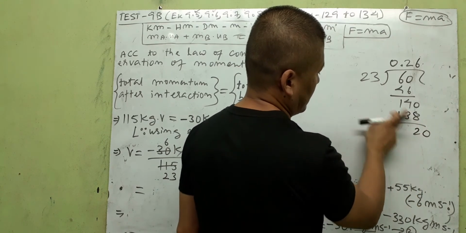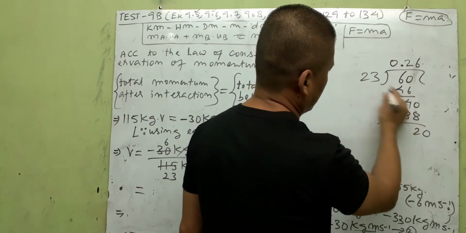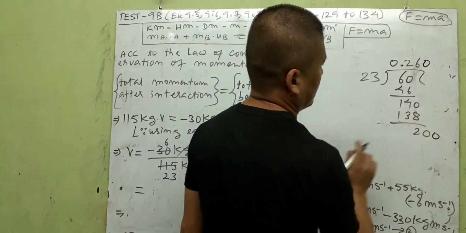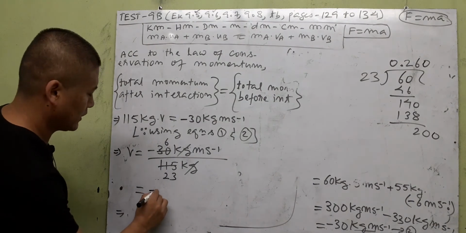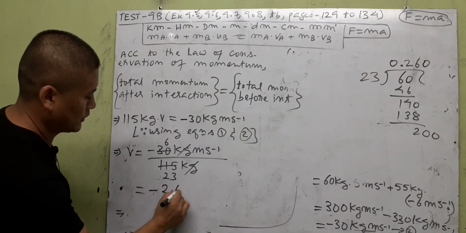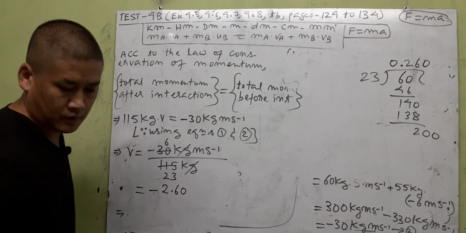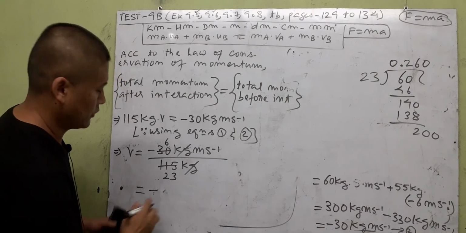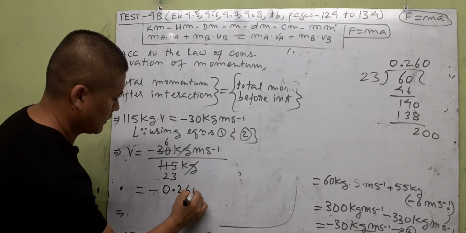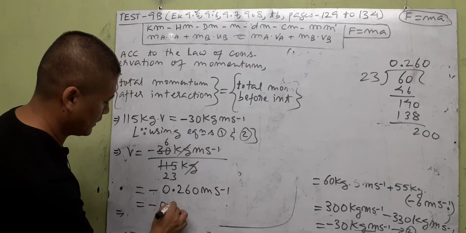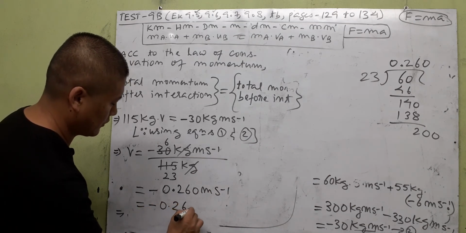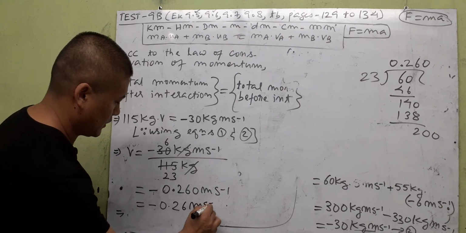Still less, put 0. So we have reached third place. Well, we can stop there. So you're going to get minus 0.260 meter per second. Third place is less than 5, so we can neglect that, and 0.26 meter per second, which is negative.